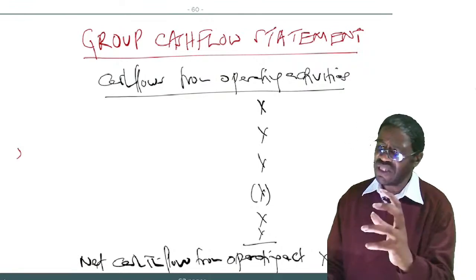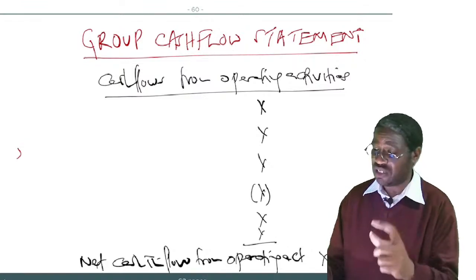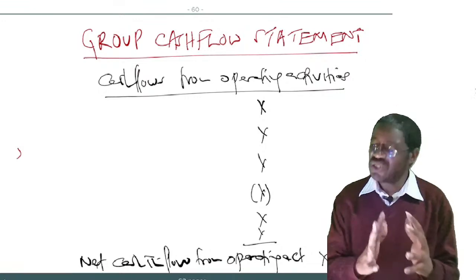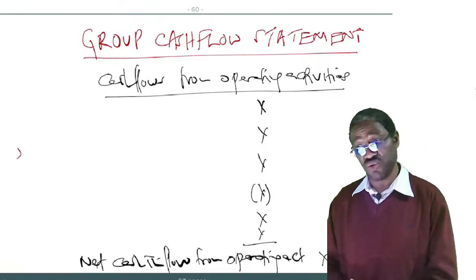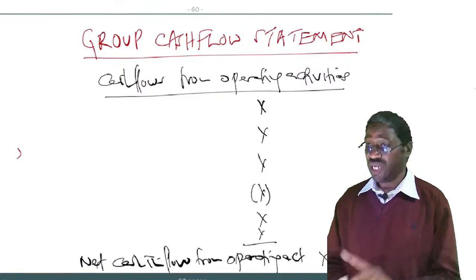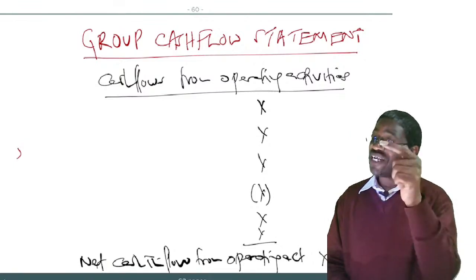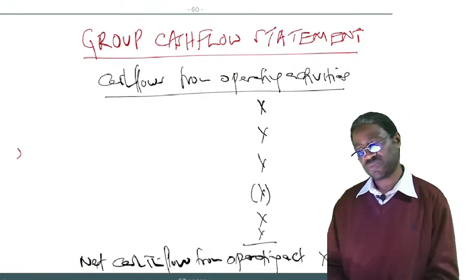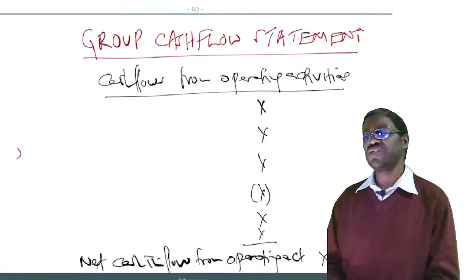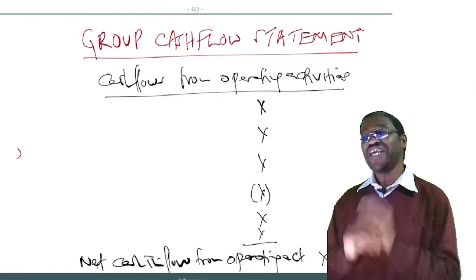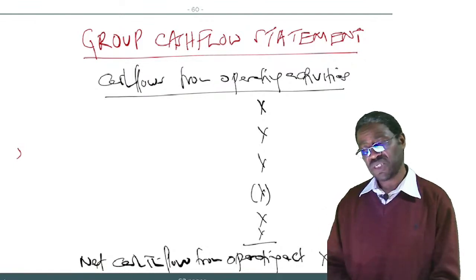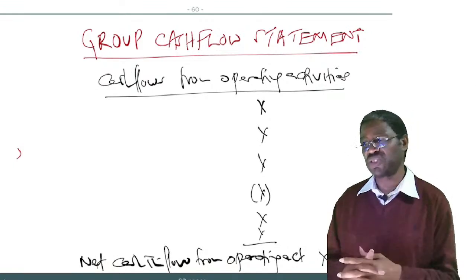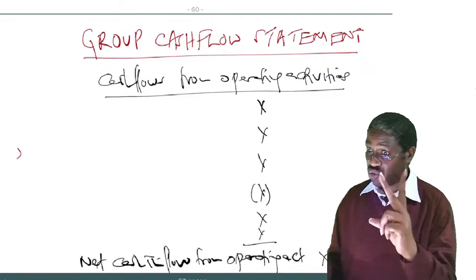How to determine the cash flows from operating activities depends on the method that you are required to use. In other words, is it the direct method or the indirect method? Most students are used to the indirect method, and that's what I want to go through first, because it's the most common method among the two.